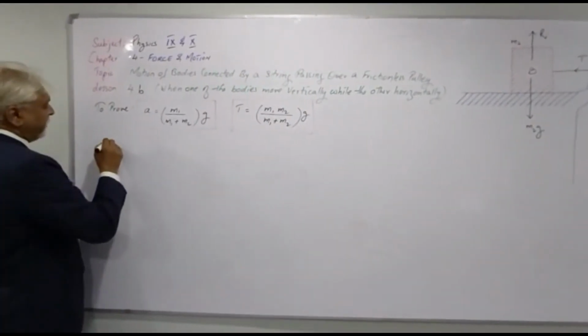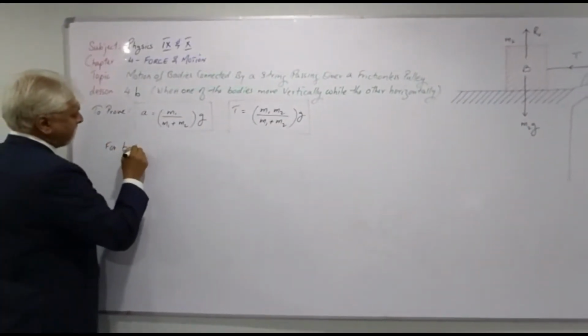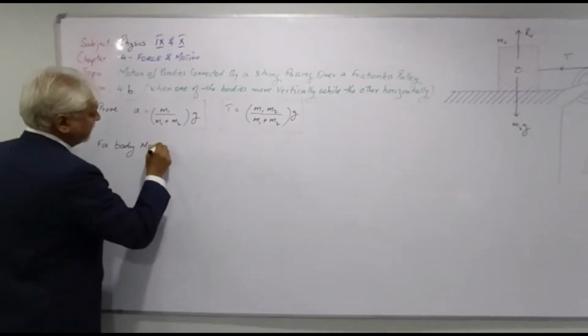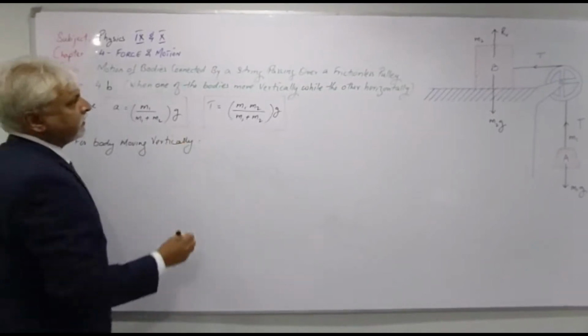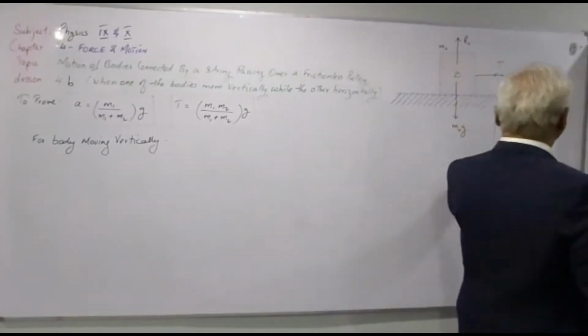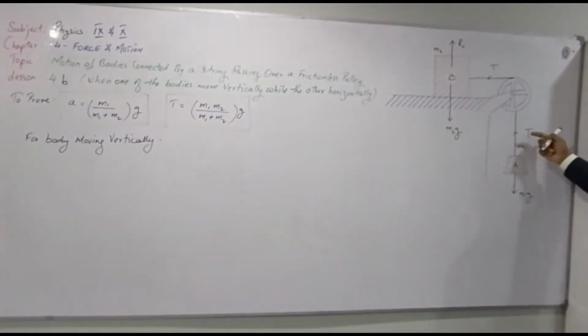So for the body moving vertically, you can see that the tension is over here and the weight is acting downward.